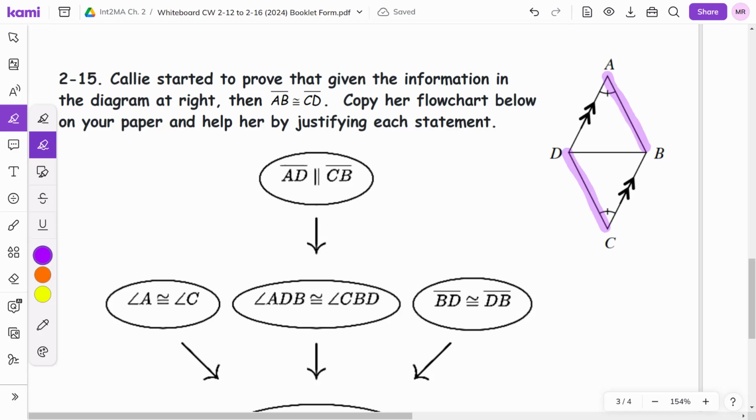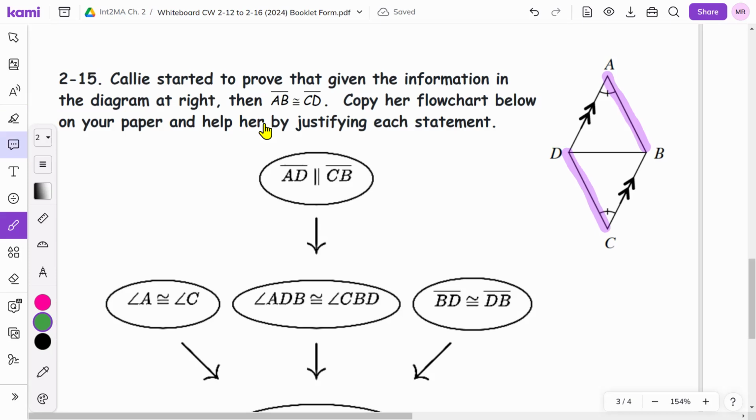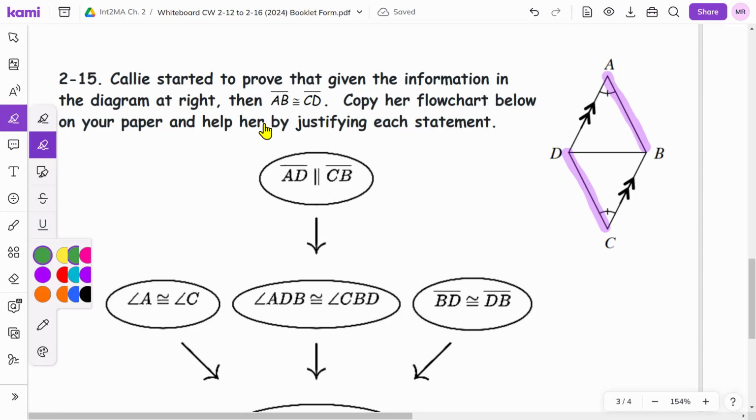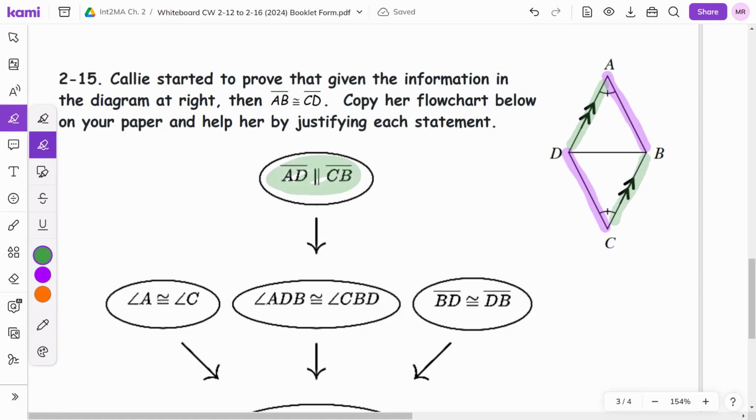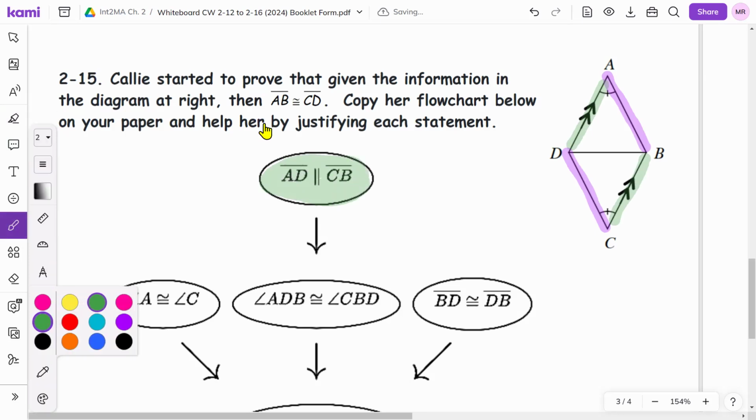Now, looking at this, some of the things that we know is that this line here is parallel to this line here. That's what they stated right here. They gave us that, so the reason for that is going to be given.